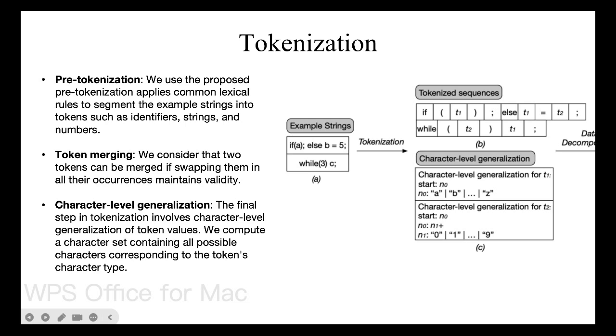Then we consider that two tokens can be merged if swapping them in all their occurrences maintains the validity. Finally, we generalize the token's value, such as generalizing a into a, b, c, and some other lowercase letters.